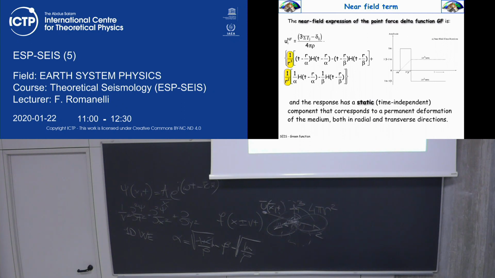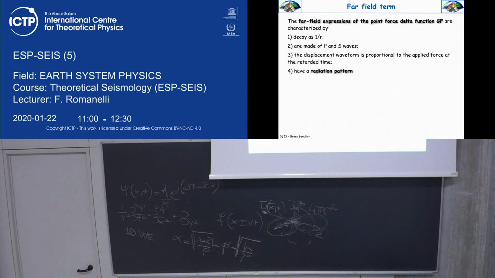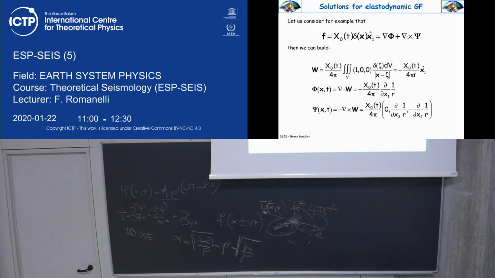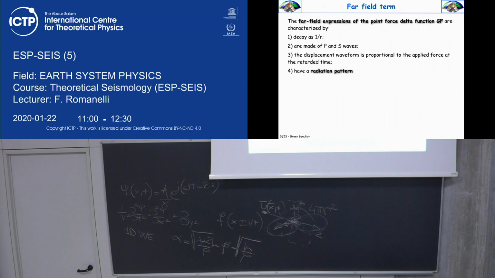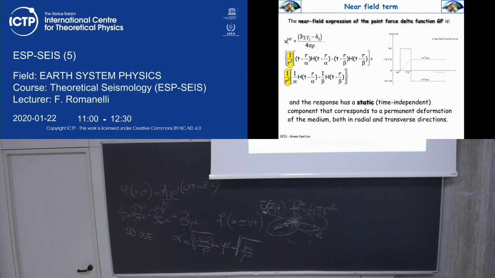If you rewrite the term using the Heaviside function, this term here, this integral with 1 over the distance q in front, can be rewritten in a simpler fashion like that.